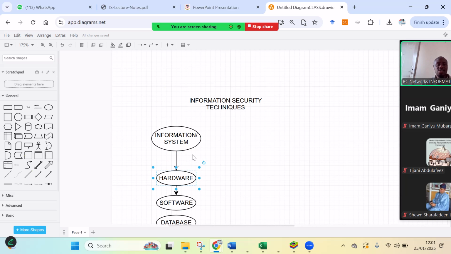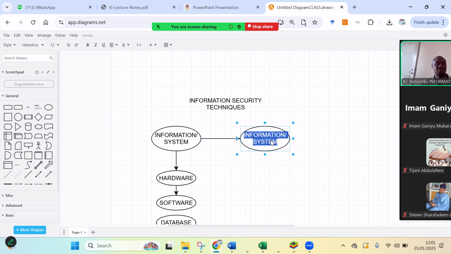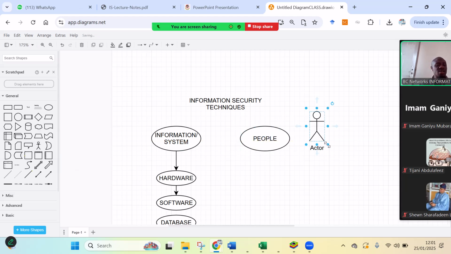So what are we now trying to do? The information systems and the security. But before we approach the security, we try to look at people that use the information systems. And when we talk about people, we're talking about people with different roles, responsibilities, and in different locations.